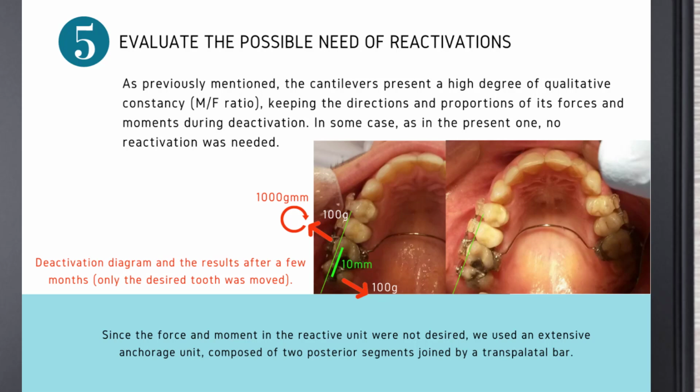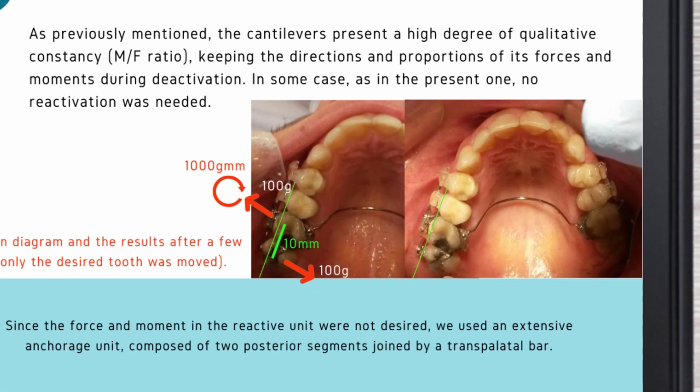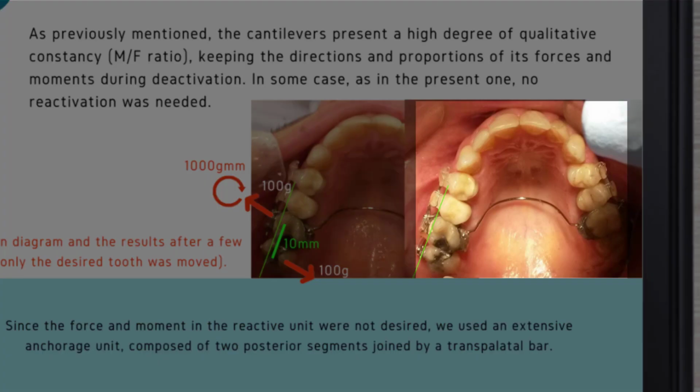The deactivation diagram and the results after a few months you can see in these pictures. Pay attention that only the desired tooth was moved. In this case, the force and moment in the reactive unit were not desired. So, we have used an extensive anchorage unit composed of two posterior segments joined by a transpalatal bar.